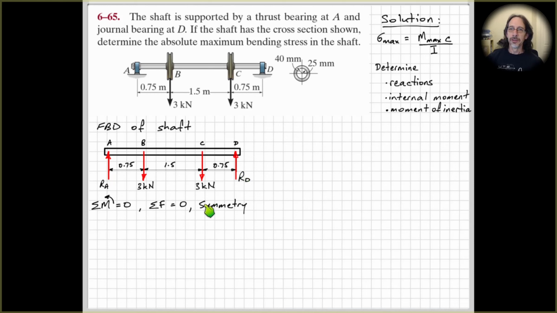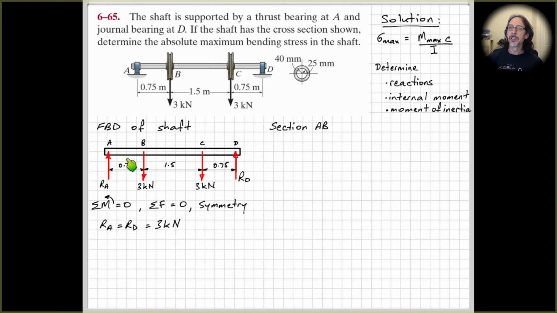Or from symmetry, we know that these two forces, RA and RD, must be equal to each other and also equal to 3 kilonewtons. Really you should have the full justification from the sum of moments and the sum of forces. So we've got our reaction forces, RA and RD equal to 3 kilonewtons.